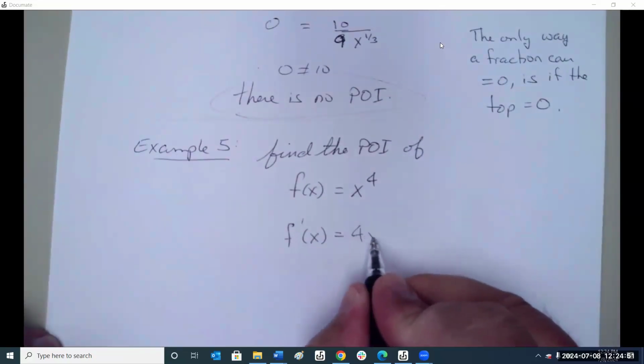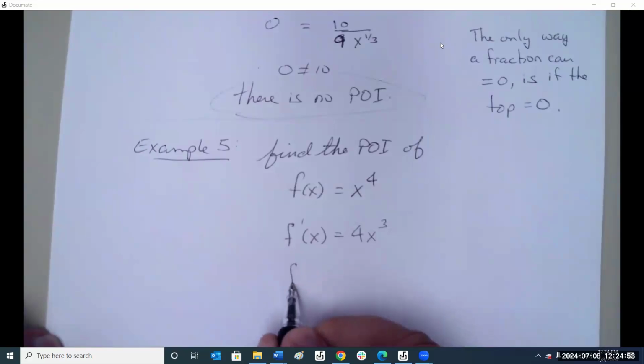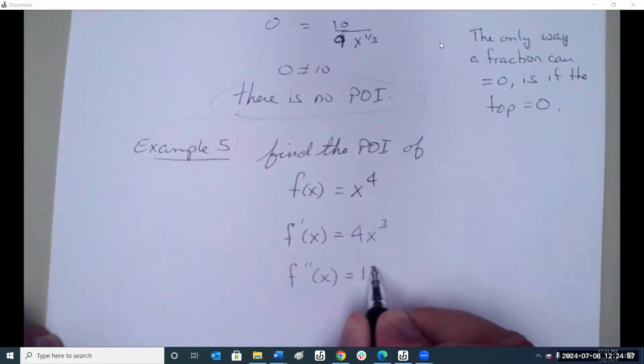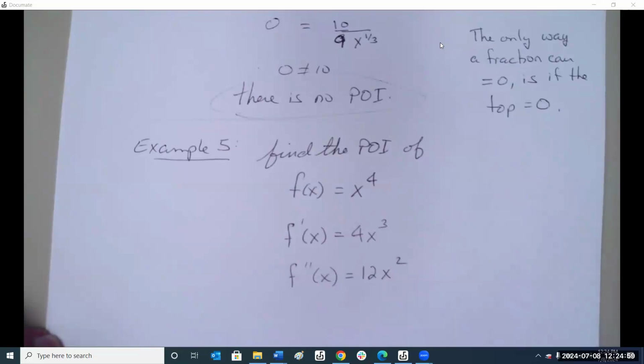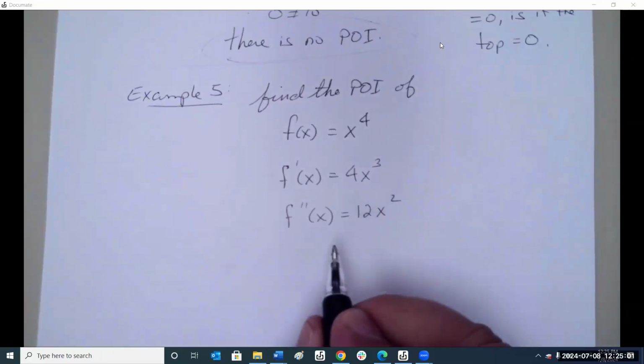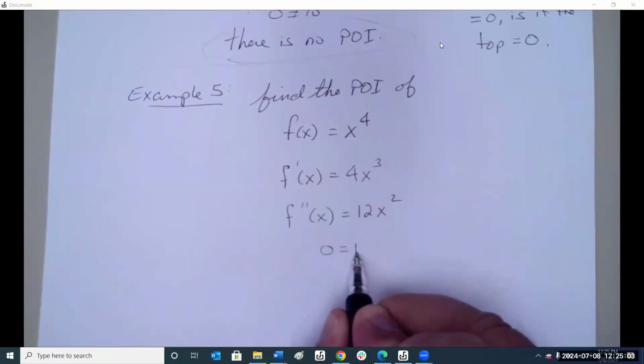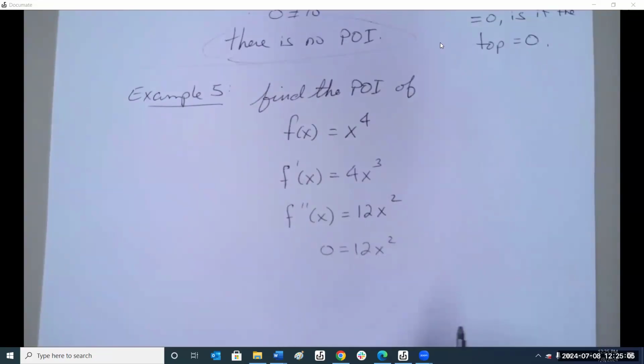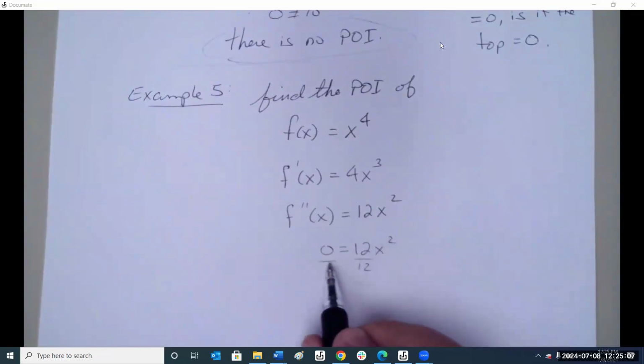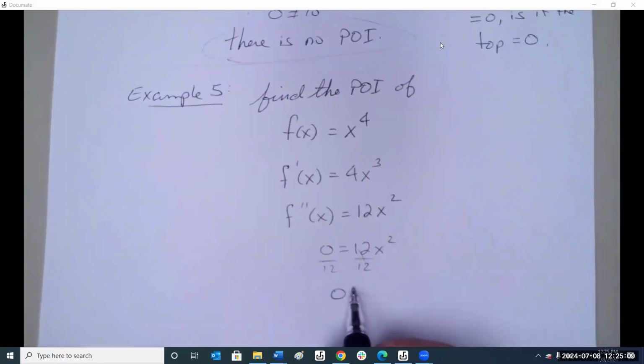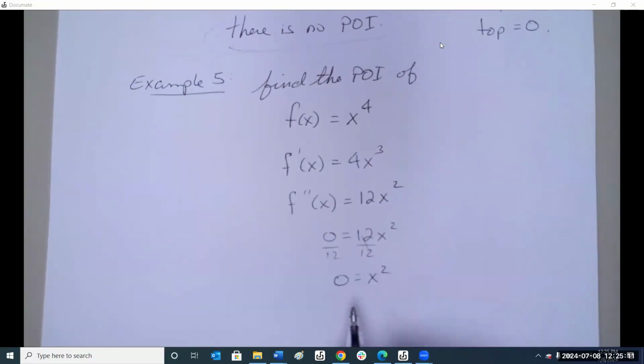Then the second derivative. Very good. Then set that equal to 0. Divide by 12. So 0 equals x squared. x equals 0.